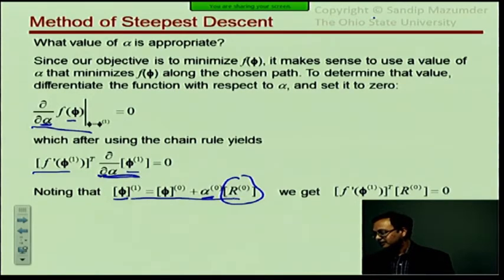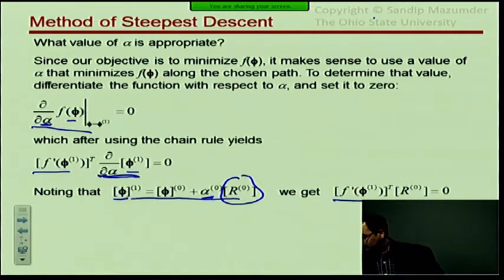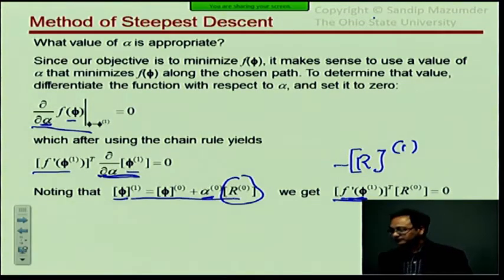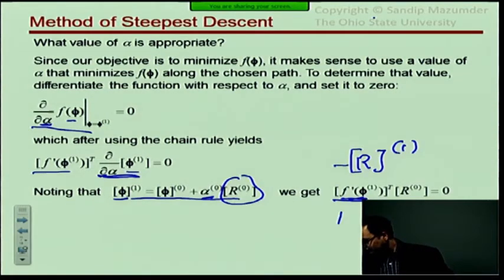Now remember, this f dash is negative of r at the first iteration. So ultimately this equation gives me r1 transpose times r0 is equal to 0.